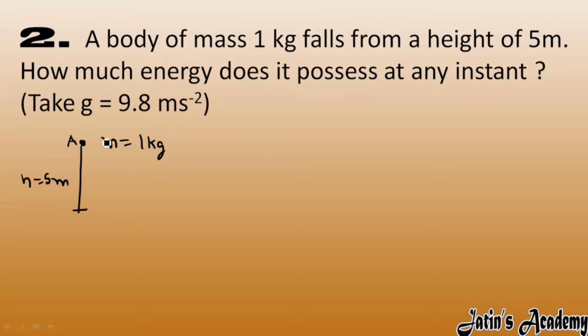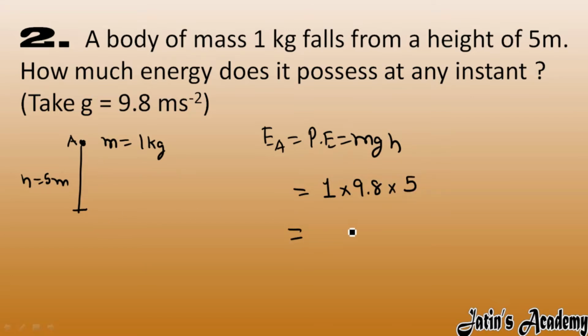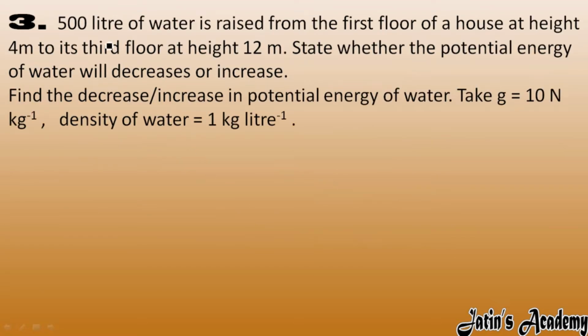At this point we have only potential energy, which is mgh. Mass is 1 kg, g is 9.8, and height from the ground is 5 meter. So from here we got 49 joule as the energy at any instant. Clear?